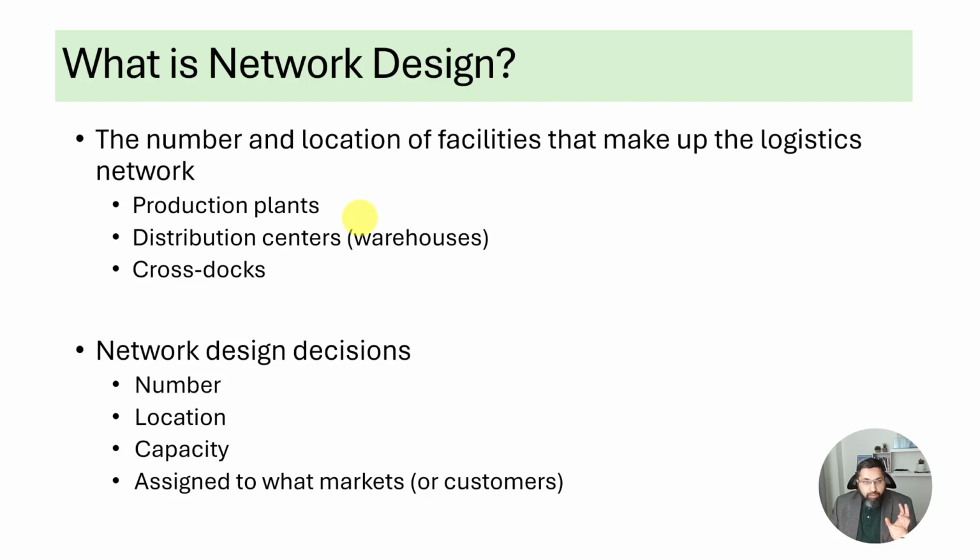We can make ports like the LA port or the port in Georgia our sources, because product comes to the ports from our international suppliers. Then from the ports onwards we figure out which facilities we need, how many we need. Even for ports, we can figure out in the model which ports to use.